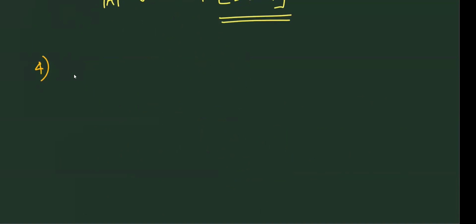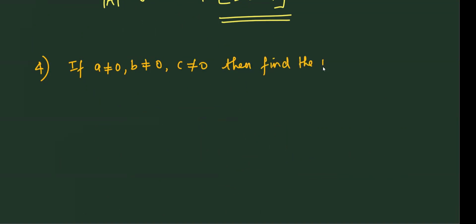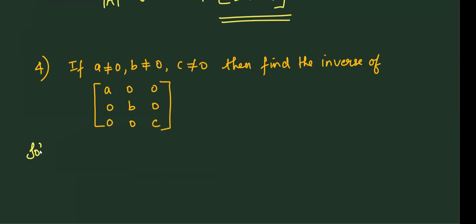So for a diagonal matrix, if A not equal to 0, B not equal to 0, C not equal to 0, then find the inverse of A 0 0, 0 B 0, 0 0 C. Sir, inverse cannot be a null matrix.